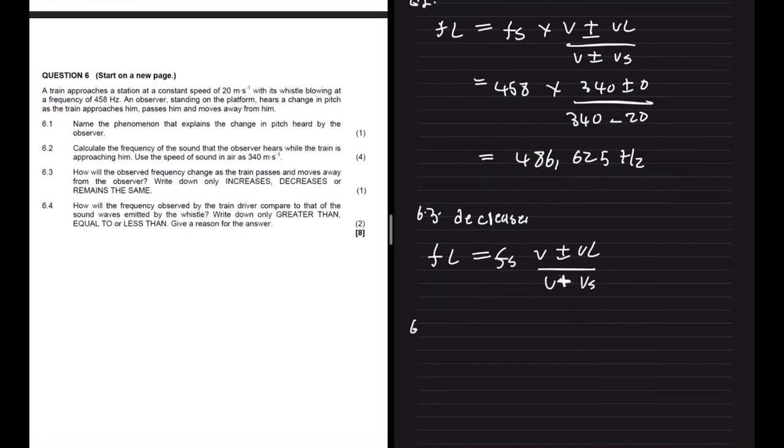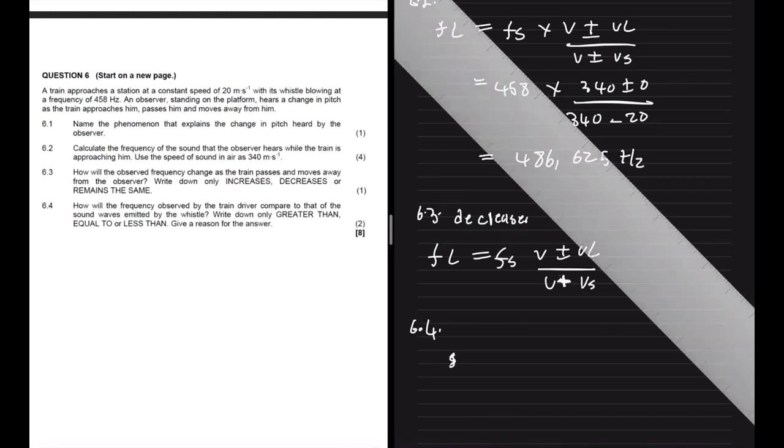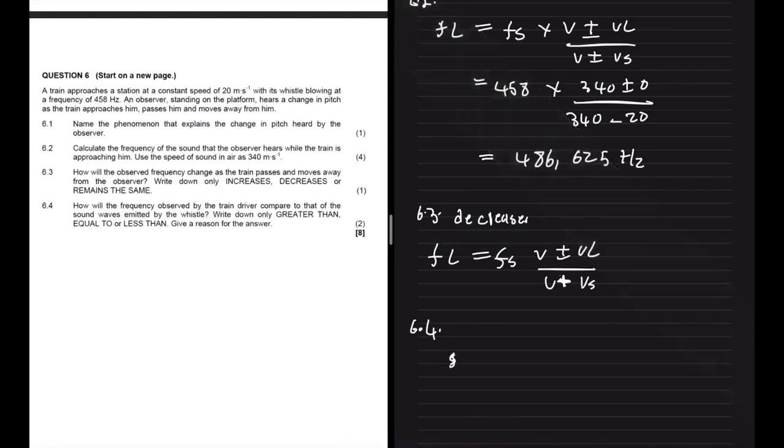6.4. How will the frequency observed by the train driver compare to that of the sound waves emitted by the whistle? The train driver and the whistle are traveling at the same speed, so we're going to have Vs equals VL.